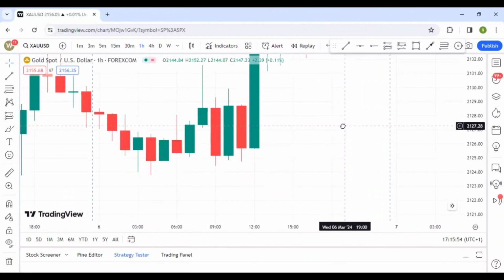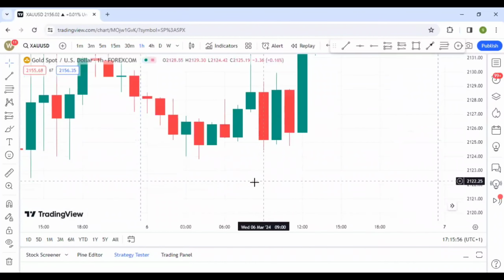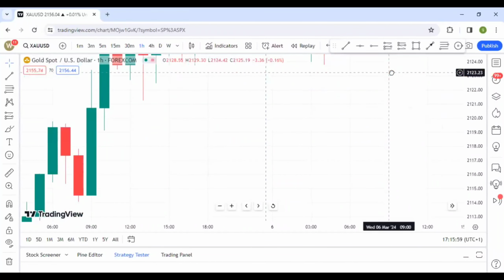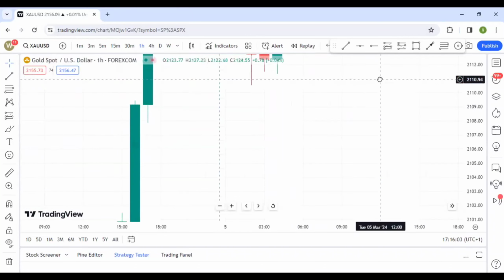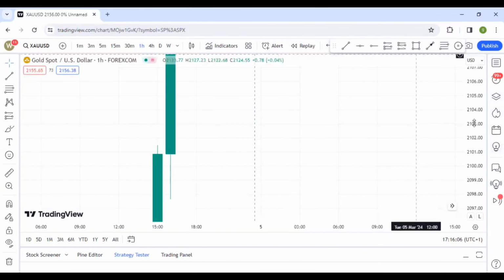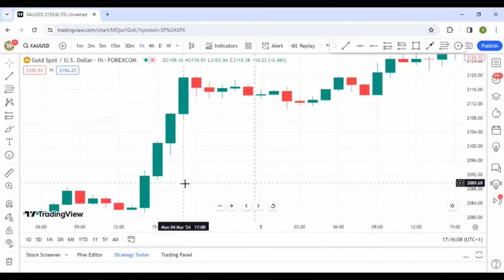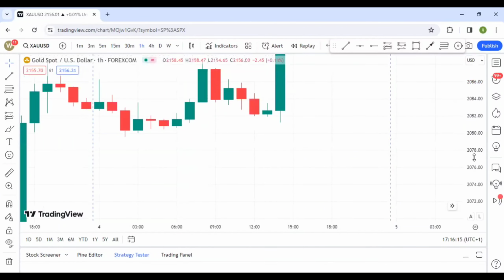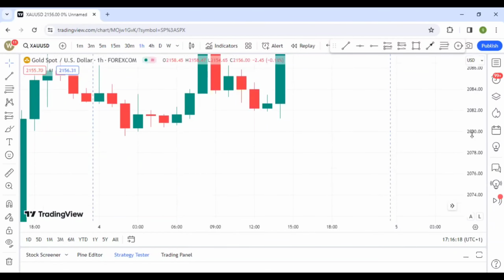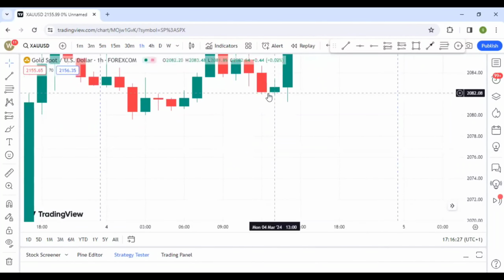So let's see if we can find a good example of a tweezer bottom. The lows of both must be the same. This looks like one, but it's not a perfect one.